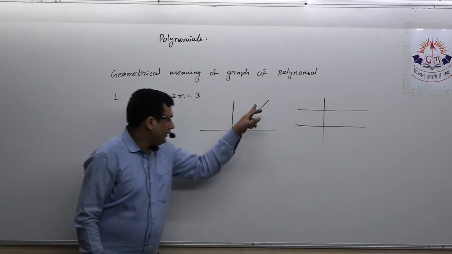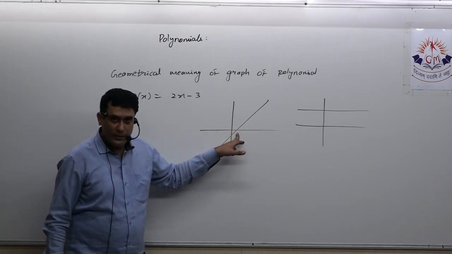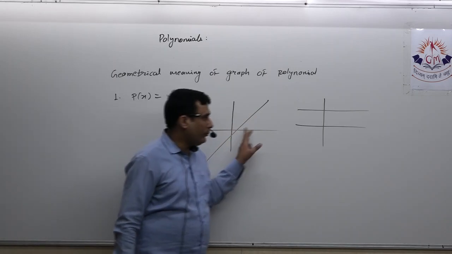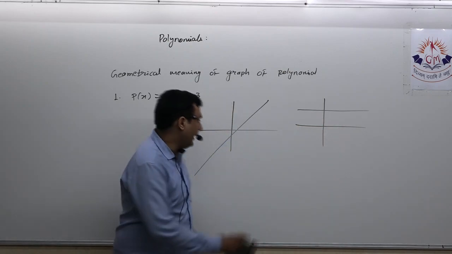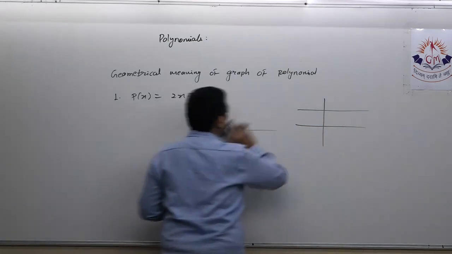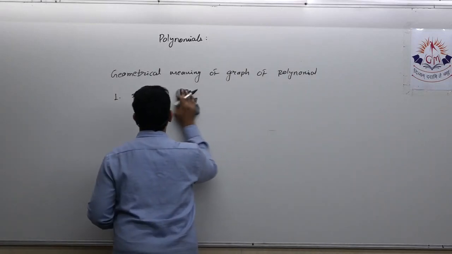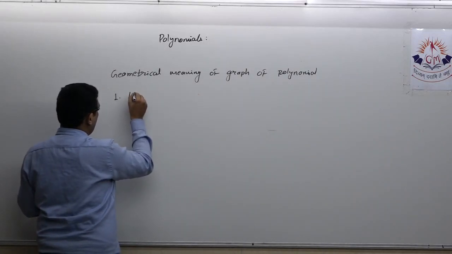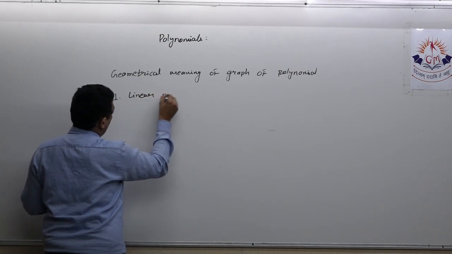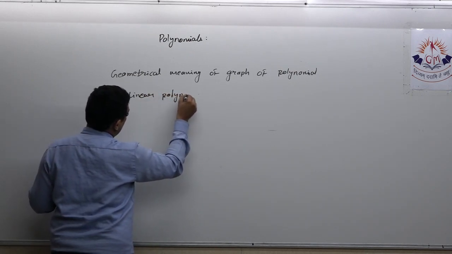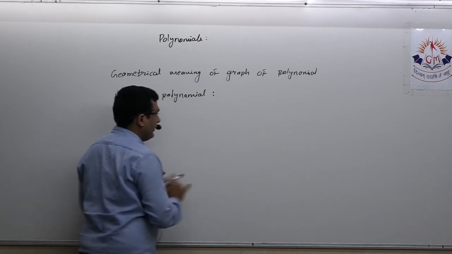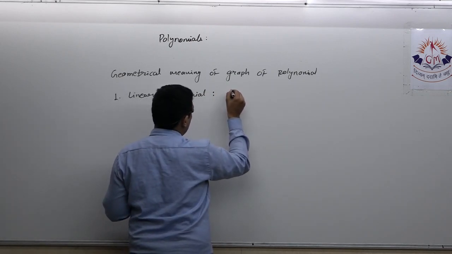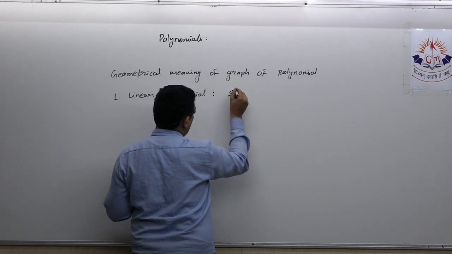That means the straight line might intersect the x-axis at one point, or it may not intersect the x-axis at any point. So for a linear polynomial, the very first thing you have to remember is that the graph is a straight line.